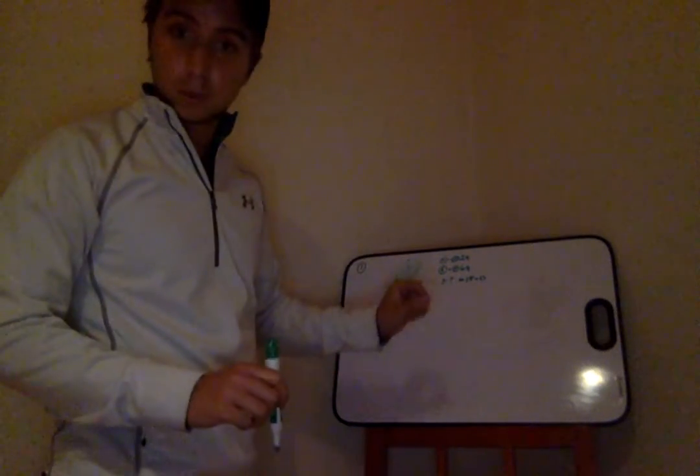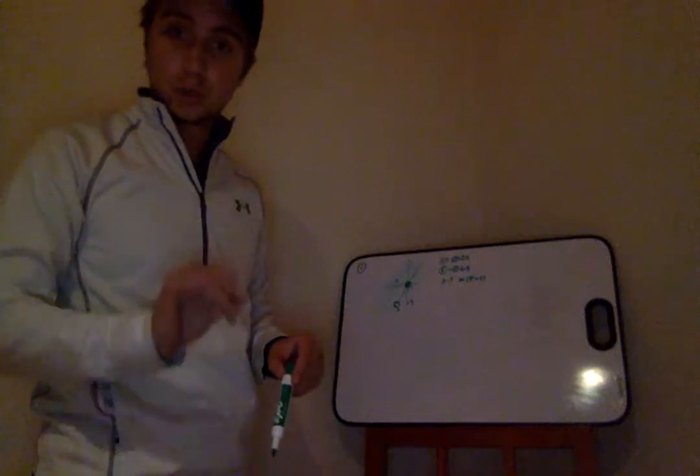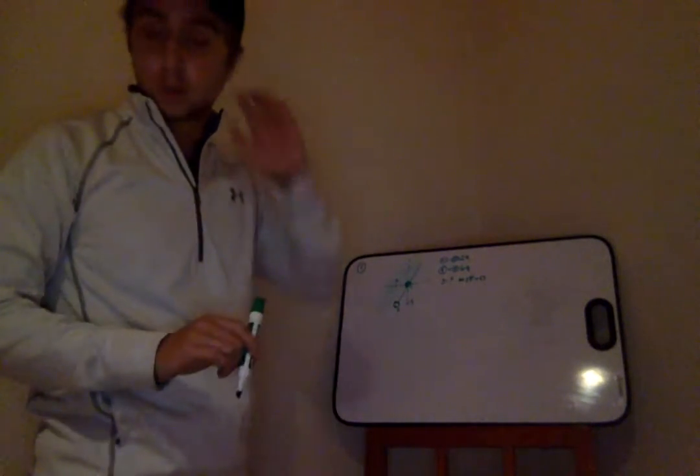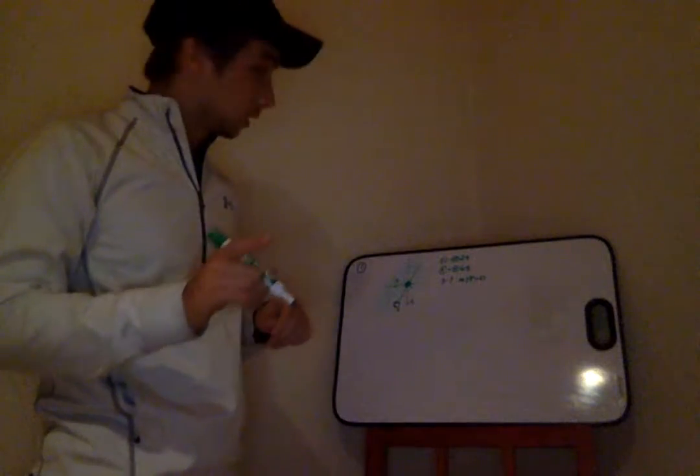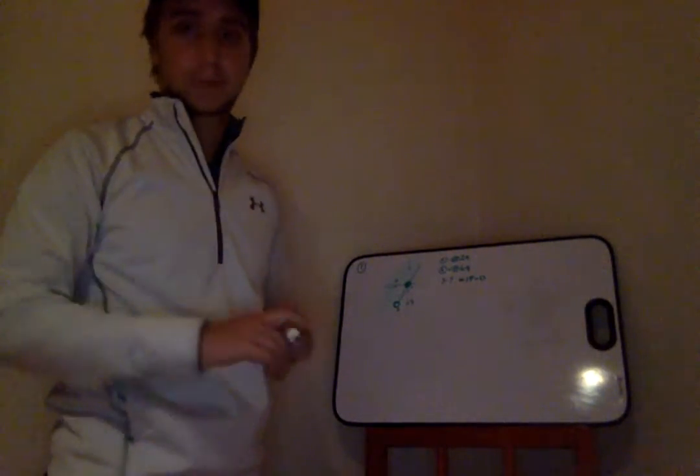At the origin, we have a charge of -2q, and it's asking where we can put a third charge so that the net force at that point is equal to 0.